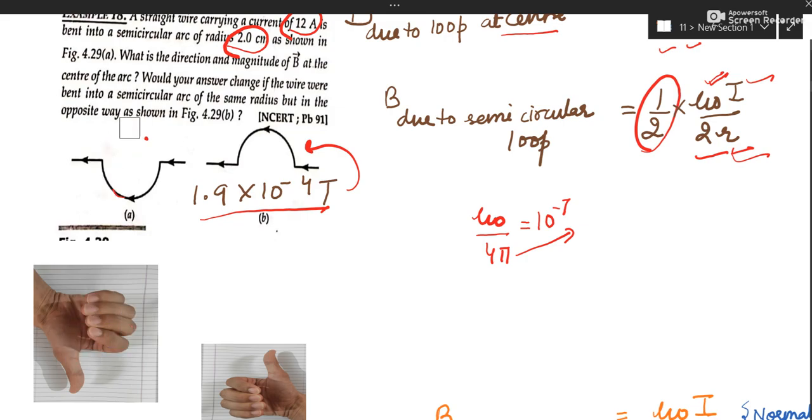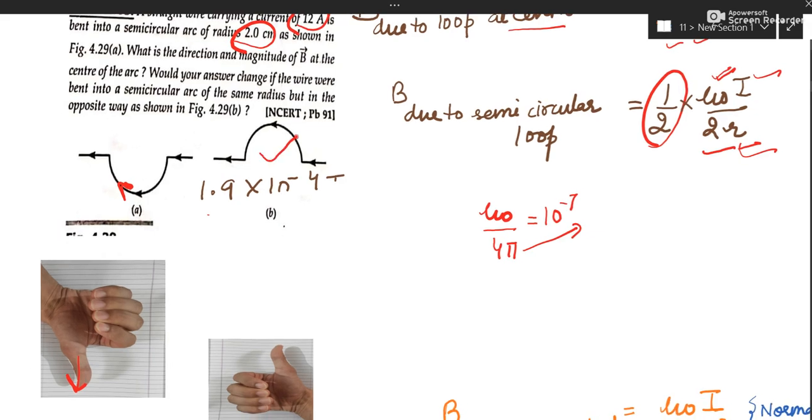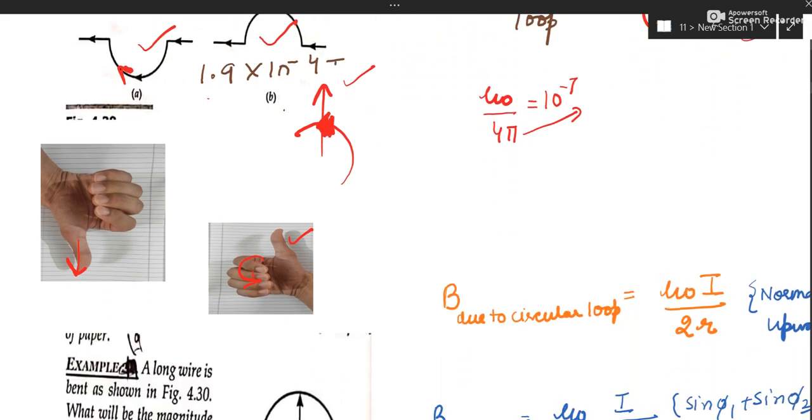You can keep your curls of right hand here along the direction of current. You try keeping, you will see your thumb will point downwards. And coming to this, in this case your current is like this. So please keep your curls of right hand in this manner that they are pointing along the arrows, and you will see your thumb will point upward. Right, so magnetic field here is upward, normally outward, and it is normally inwards.